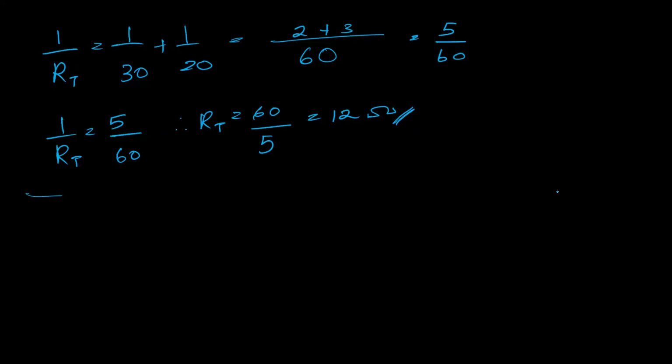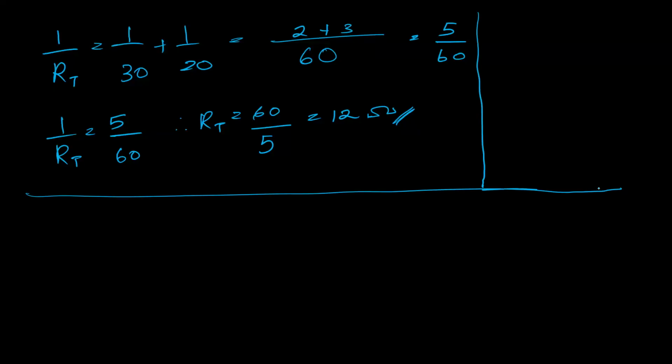Okay, this is a long method, no? What if we use the short method? If all the resistors are the same, we have a different short method. But if there are two resistors, they are parallel and they are different, 20 and 30, R1, R2, what is the shortest method to do that?